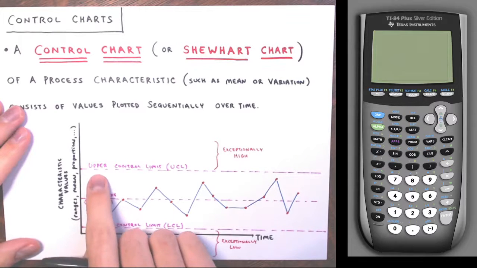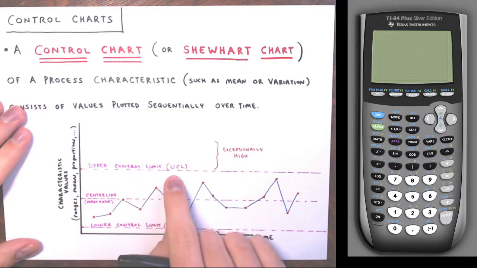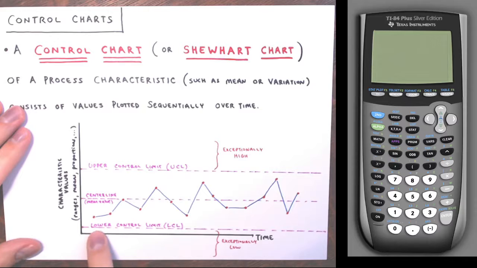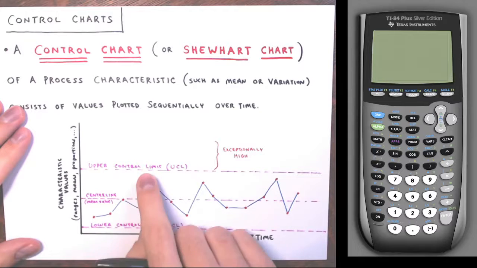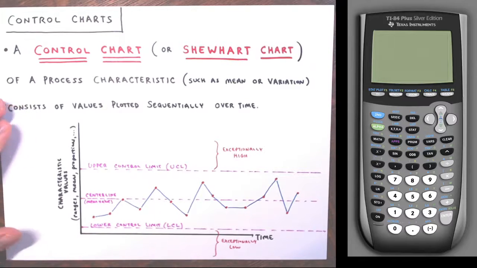Then you're going to have another one that's an upper control limit, or UCL, and a lower control limit line, or LCL. These are placed on the chart to monitor and determine when a particular data value is significantly high or significantly low, or exceptionally high, exceptionally low.